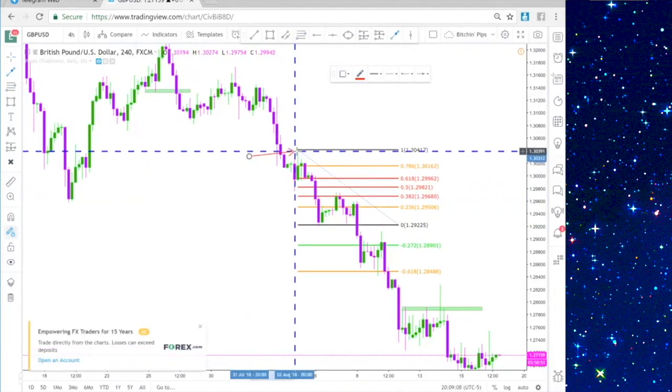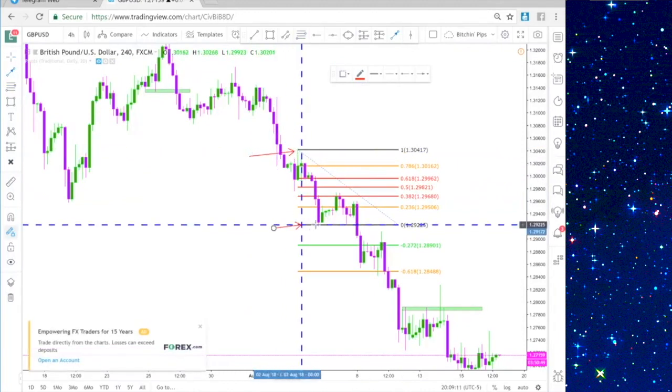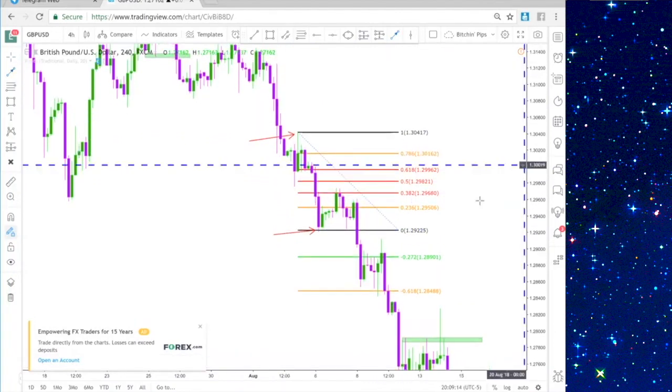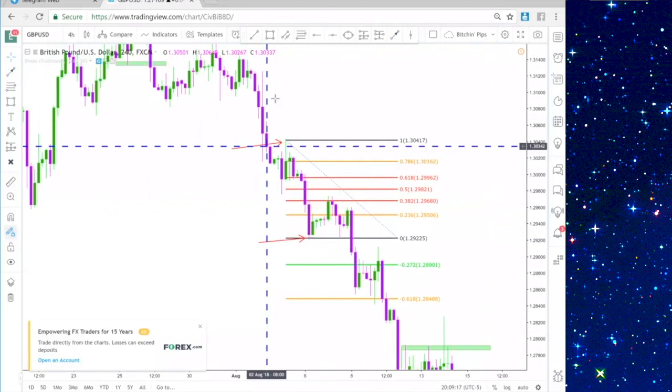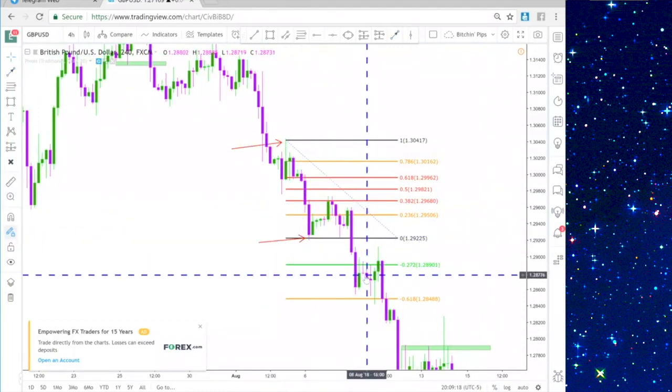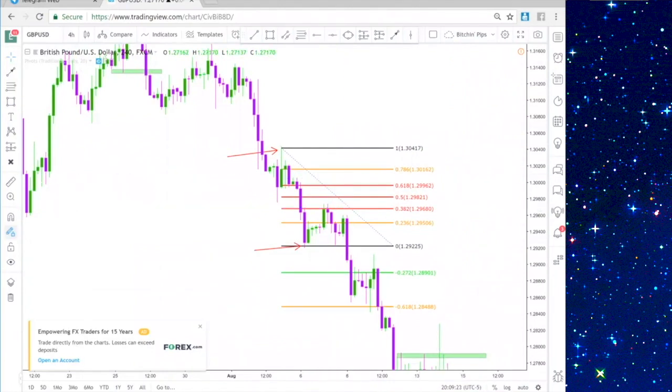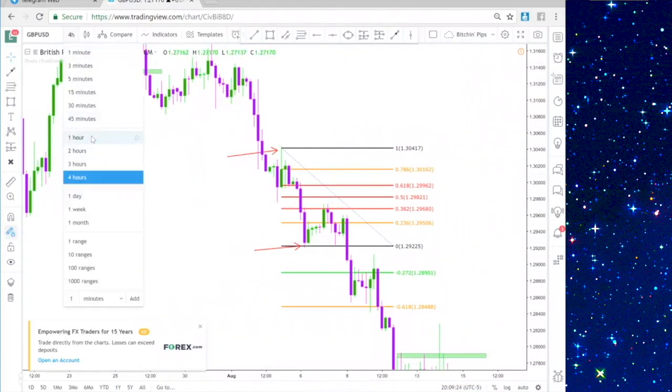So that move originated from here, started retracing here, and this is more of an in and out kind of thing. But this whole time in here, you're bearish. You're just looking for sells. So we can go down to the lower time frame and see if it gave it to us.